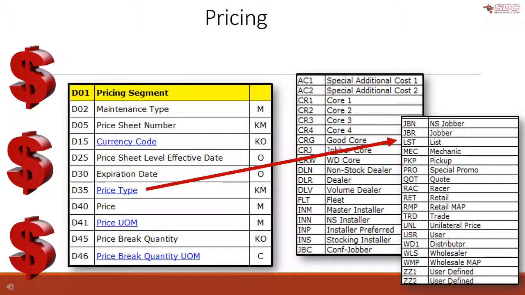So if we look back on the other side of the screen with the price type D35, we would use the D40 field for the actual price. And this is what allows us to loop this segment so that you can have multiple prices because they're different types of price codes in the file.